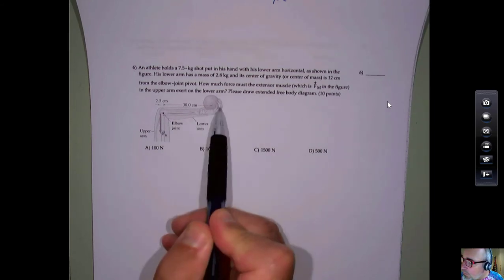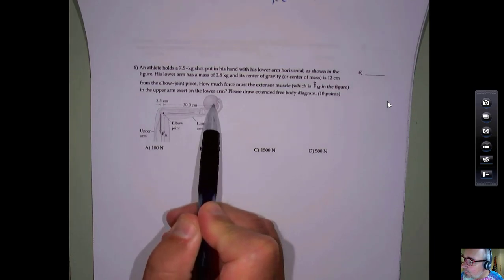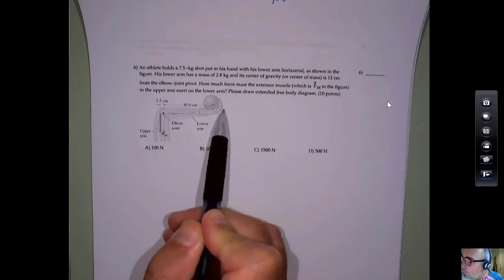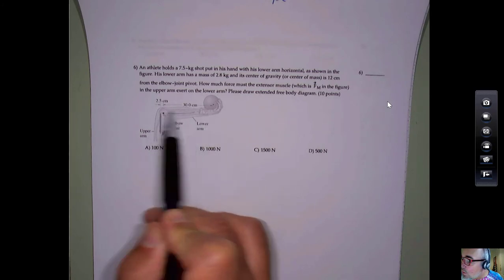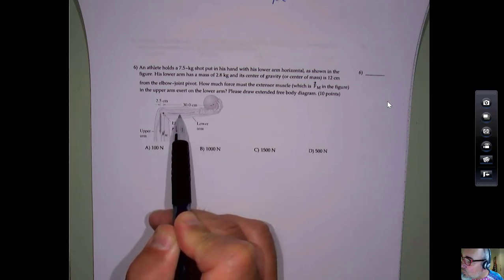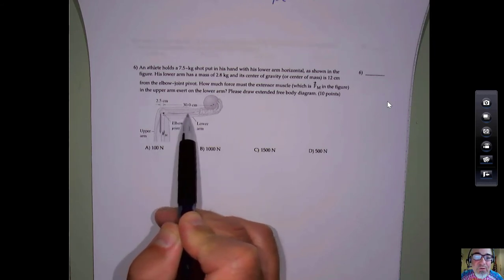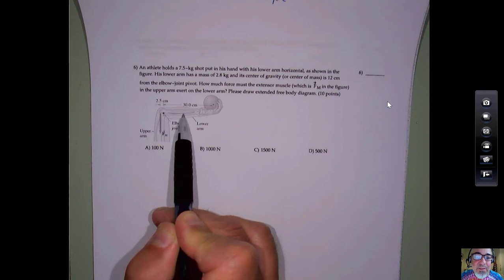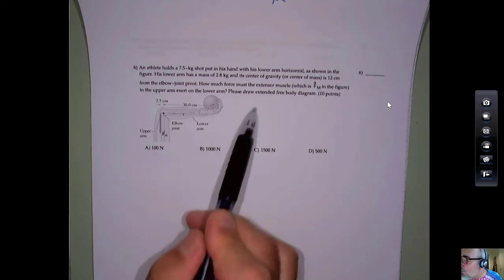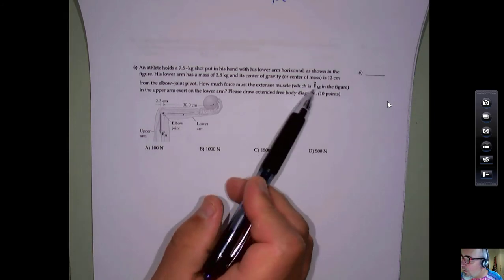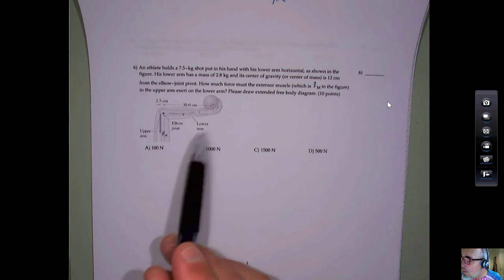So the shot put is way down here, and the center of gravity of the actual arm itself is given as 12 centimeters from the elbow joint. So from here, 12 centimeters over, maybe somewhere like here, would be the center of gravity of his actual arm. How much force must the extensor muscle, which is marked F sub m, exert on the lower arm?